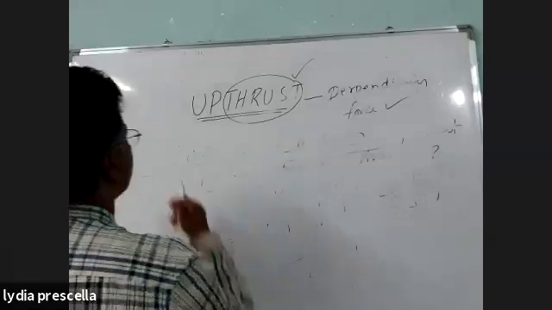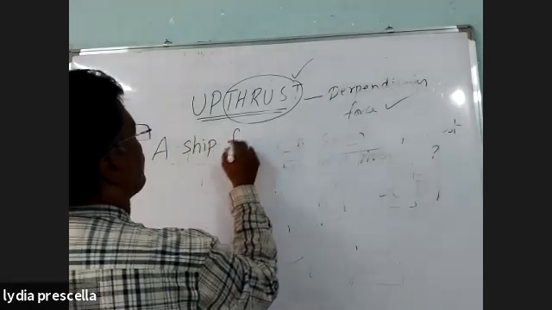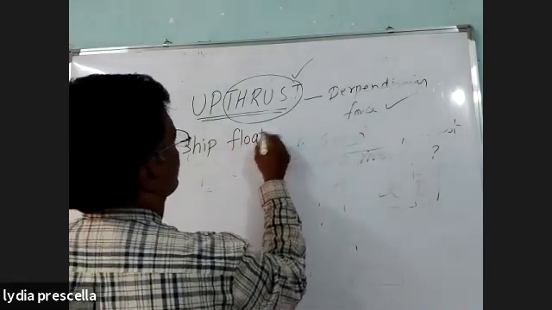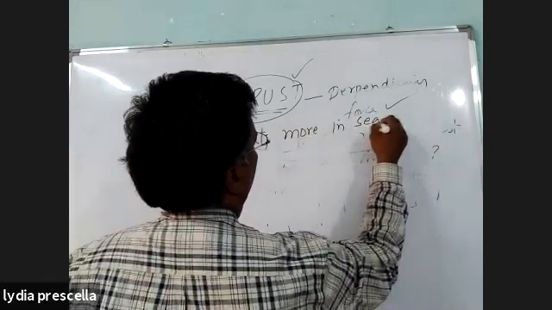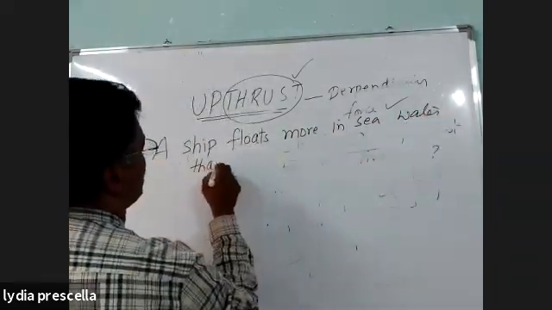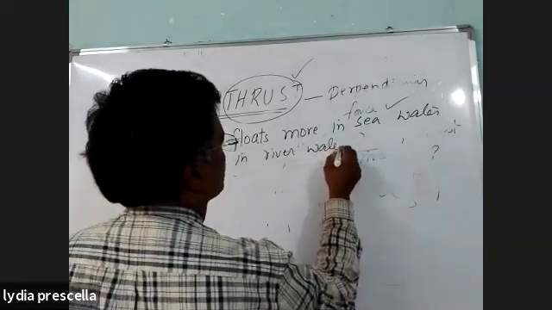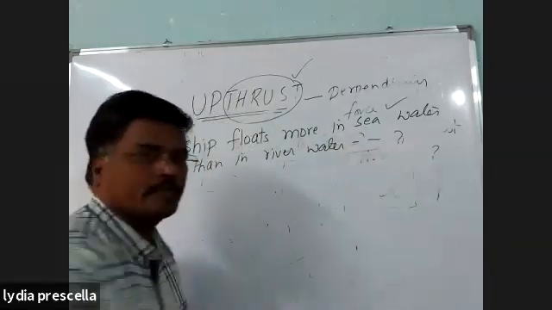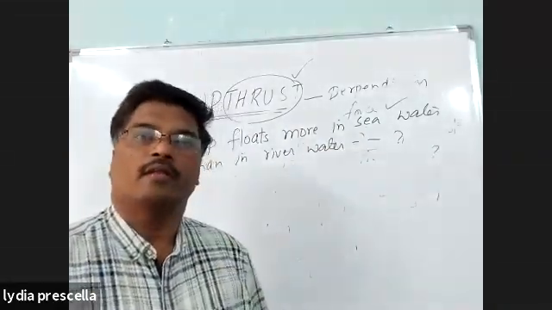A ship floats more in seawater than in river water. Give reason. This is the second question. This is what the question is. It is just like the previous question.